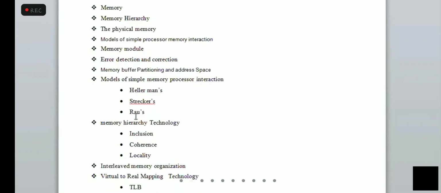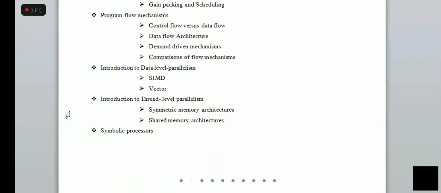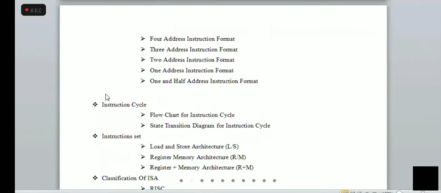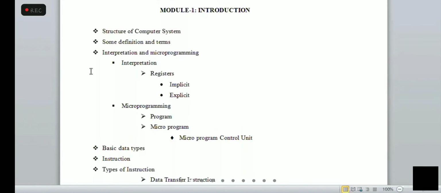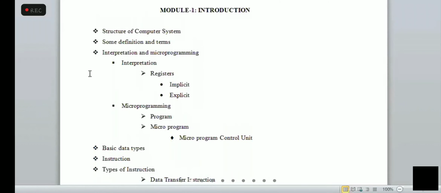I think 40% of the syllabus you already learned in the last semester in COA, Computer Architecture and Organization, and the rest is new for you. For exam purposes in this subject, the ratio of theory and numerical portion is 50-50, or 40-60. So you can't skip the numerical portion and prepare only theory, and you can't skip the theory portion and prepare only numerical. You have to prepare both.